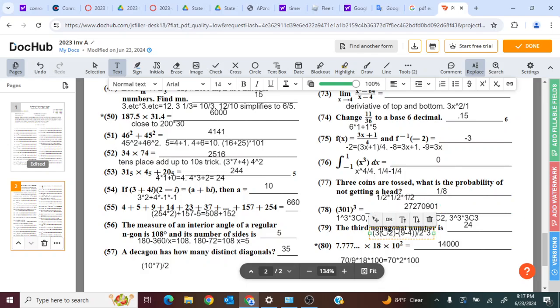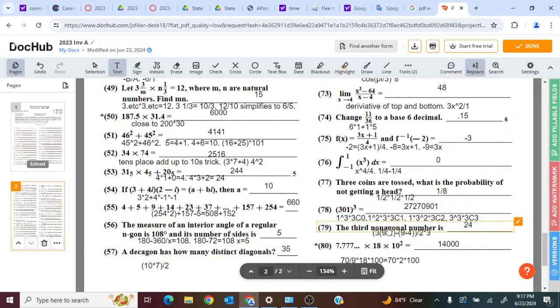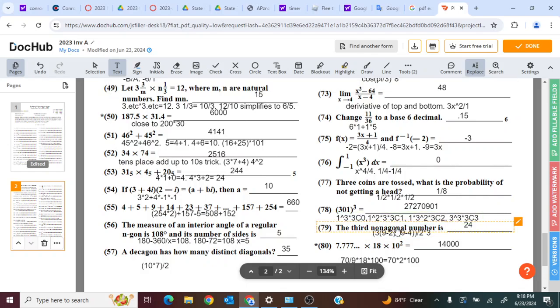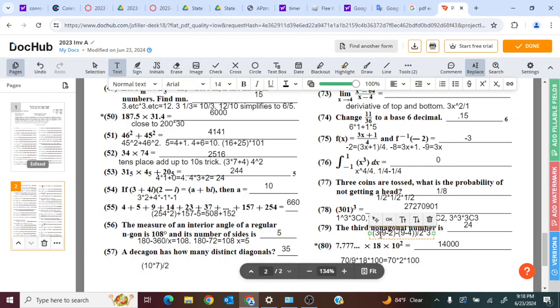Okay, 79, the third nonagonal number. Basically, imagine this as a number of sides. You multiply this 3 by the number of sides this represents, so 9 minus 2. So 3 times n minus 2 is 21, or 3 times 9 minus 2 is 21.